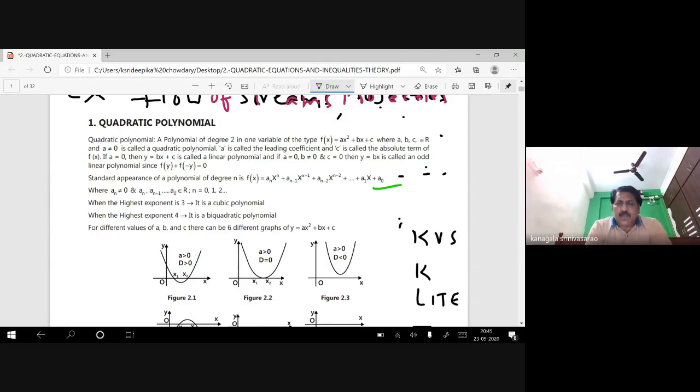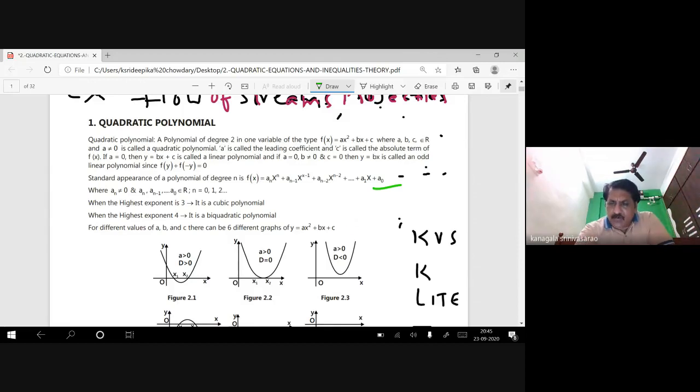If n is equal to 1, the polynomial is called a linear polynomial. f(x) is called a linear polynomial, and we can write f(x) = ax + c. And if n is equal to 2, that we are going to discuss a lot in the coming sessions, we get an expression of the form ax squared + bx + c, known as a second degree polynomial, or we can say quadratic polynomial.